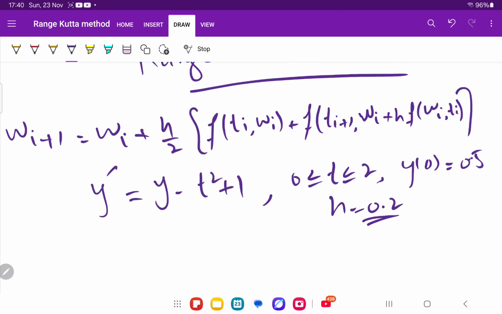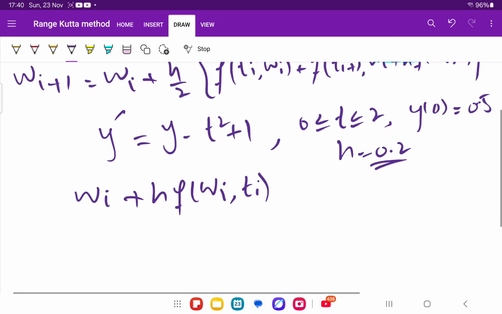According to this, first of all, we have to calculate this part, that is called wi plus h f of wi and ti. In order to calculate this part, we have all that information.